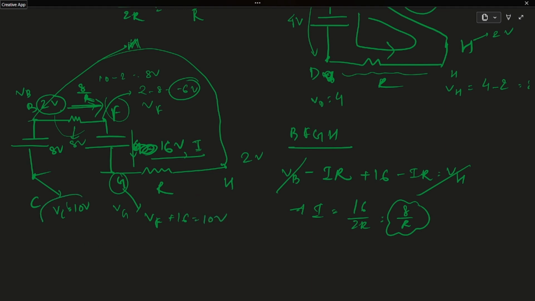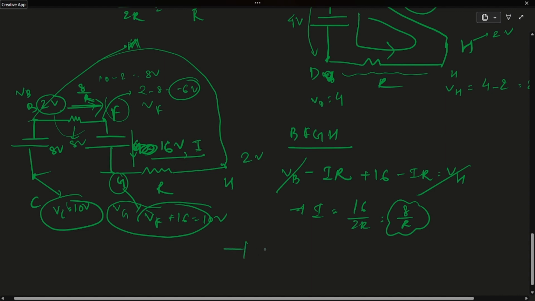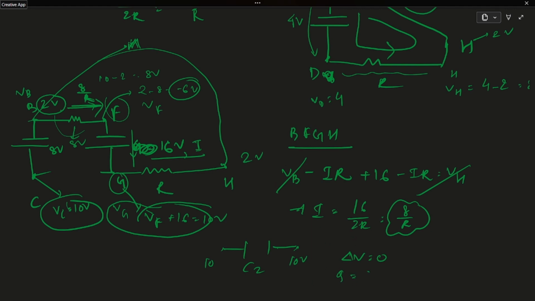You see, VC is 10 volt. VG is also 10 volt. This is the capacitor C2. This side is 10 volt. This side is 10 volt. The voltage difference is 0. That's why the current in the steady state across C2, when B and H are connected, short circuited, will be 0.